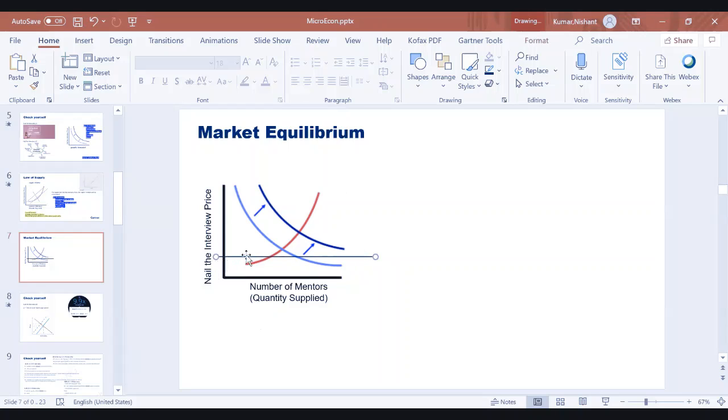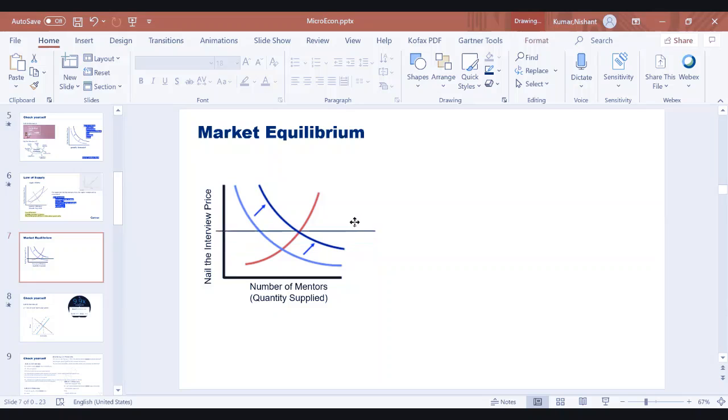At this level, you see the supply of mentors is very low, so only a few mentors are able to join me, whereas the demand from students is very high. There's a demand gap. There are 100 students at this price, but only 4 or 5 mentors, and we cannot cater to all students, so our quality of teaching will go down.